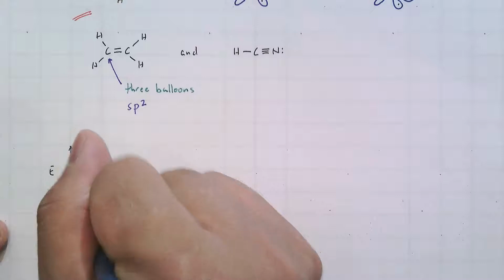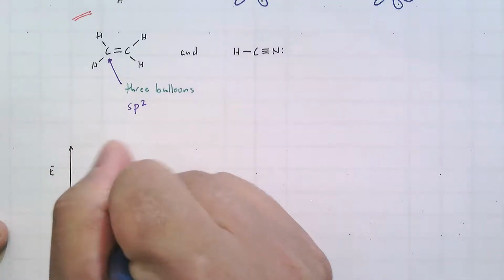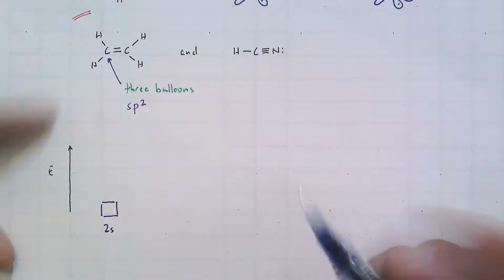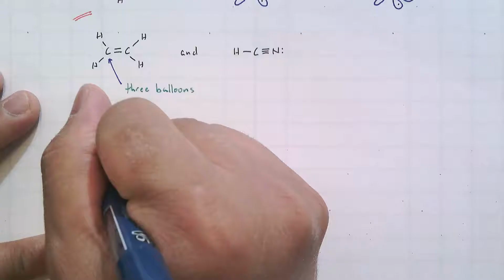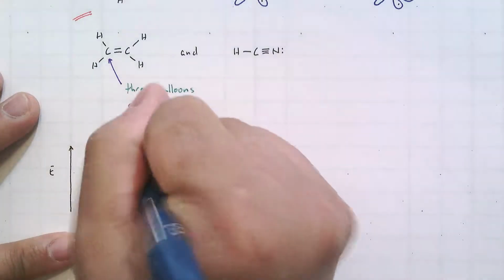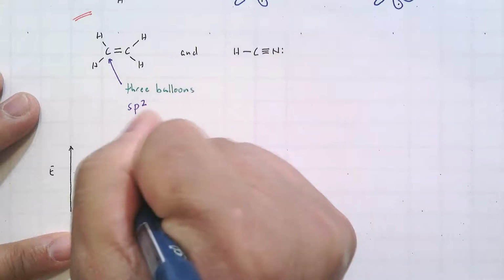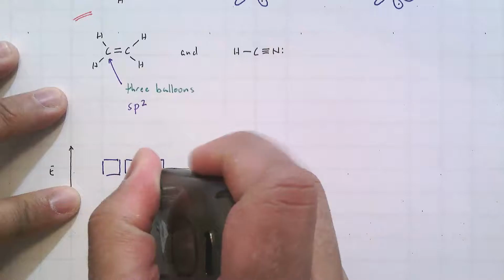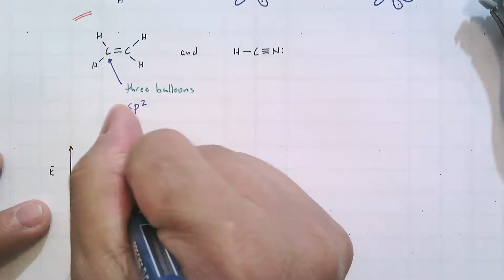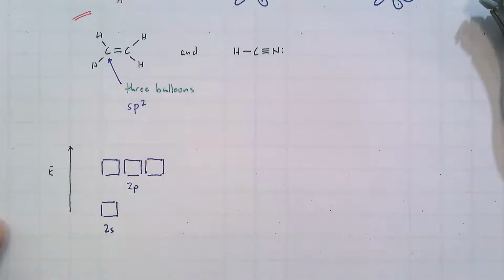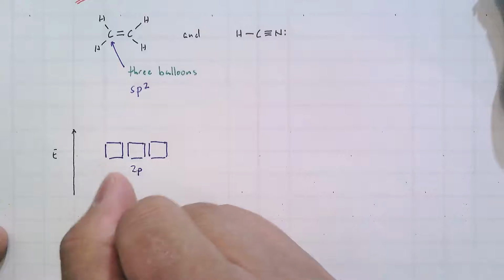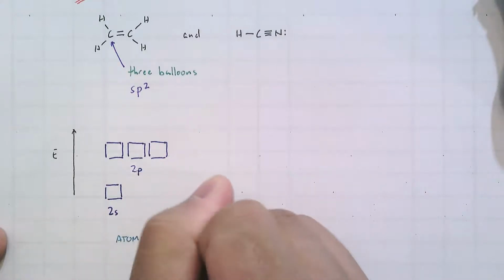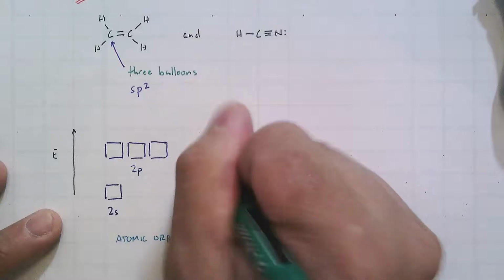Okay, instead of drawing the shape of the orbitals, like the s orbital and p orbital, let me just put boxes. 2s, still in carbon, so carbon is in the second period, and we have the p's, three 2p orbitals. Okay. Remember what the strategy was here? The strategy here was this side is the atomic orbitals. And then when we mix them, we get the hybrid orbitals on the right side.